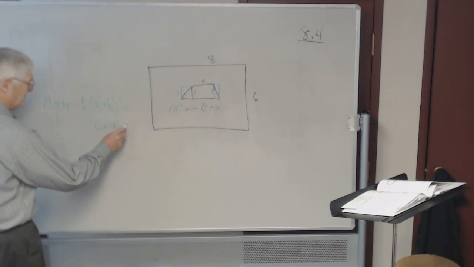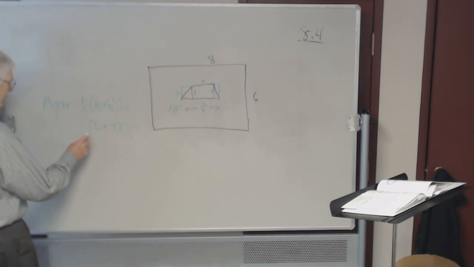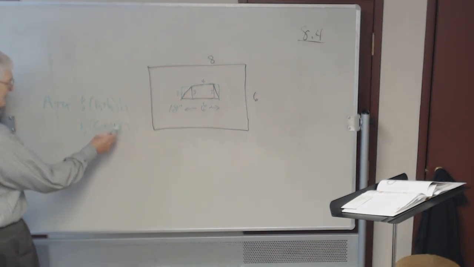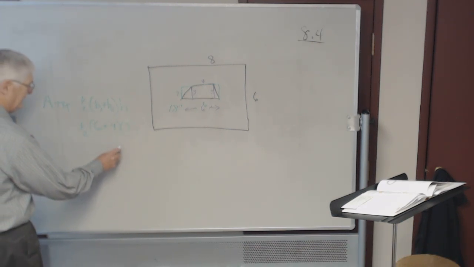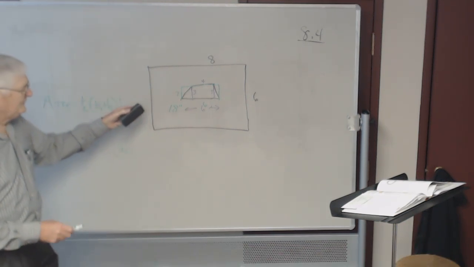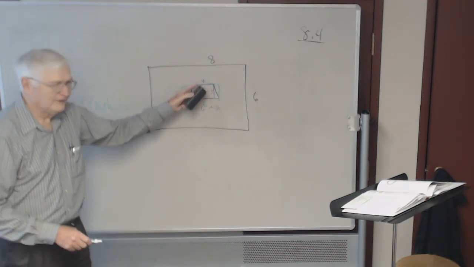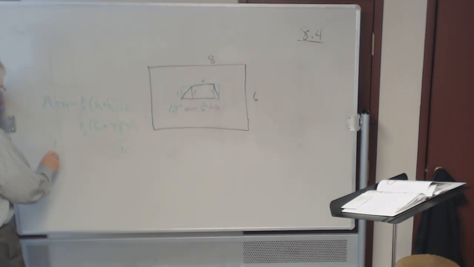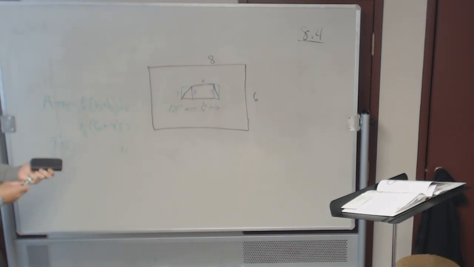The height is 3, and then you take half of that. Because if you take 6 plus 4 times 3, that gives you 30. That's twice as much. You've calculated the area twice. Mm-hmm. So you take half of that, and the area is 15. Okay. Does that make sense? Yeah.